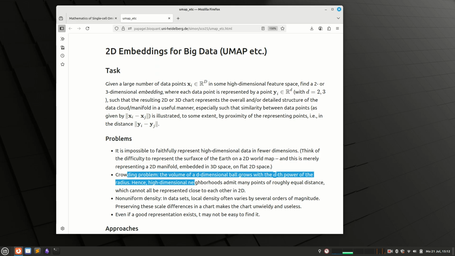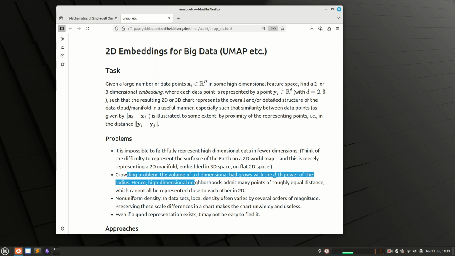And if you plot this, we will notice that this varies by 2 orders of magnitude. There are areas in our plot where the distance in PCA space between a point and its 20th nearest neighbor is that much, and there are areas where it's that much. If we try to preserve the scale, then our plot will become completely useless, because we will have some points which sit all on top of each other and others which hardly fit onto the screen. So the first thing we have to say goodbye to is the idea of preserving absolute distance scales.